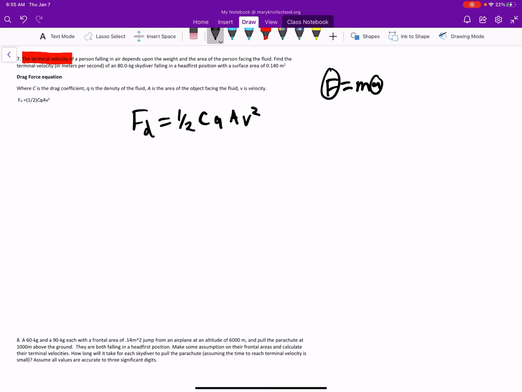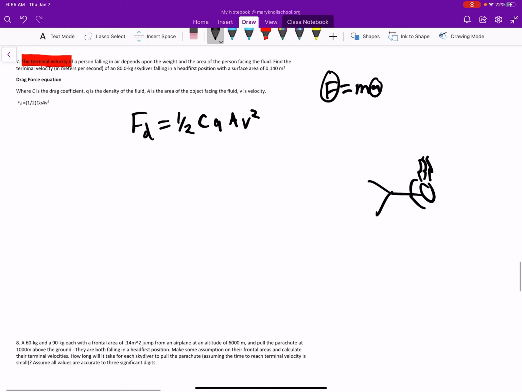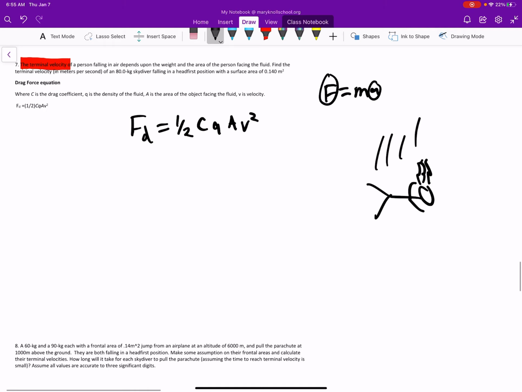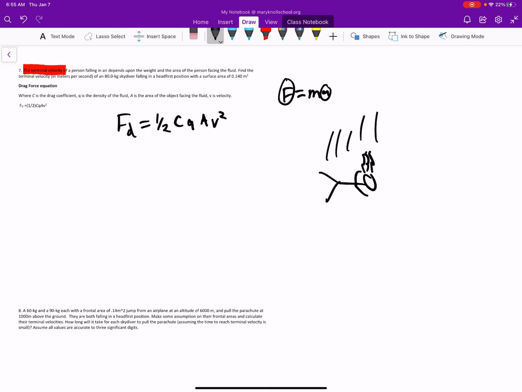So let's look at what exactly this looks like. Let's say there's a skydiver, he's fallen, or she's fallen, going down. Now we know that there's going to be air resistance, right? And we can call that force drag.